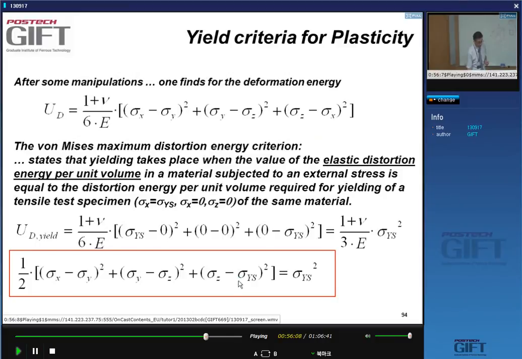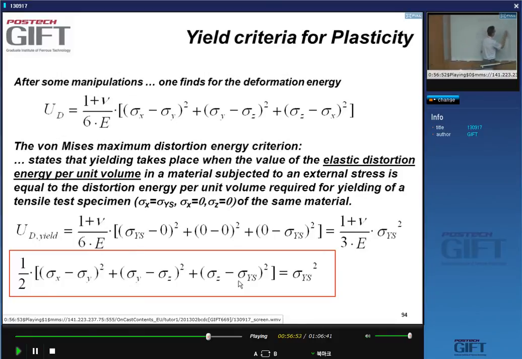This equation here is nothing but the equation of a cylinder in stress space, with the axis of the cylinder along the diagonal of the three axes here.